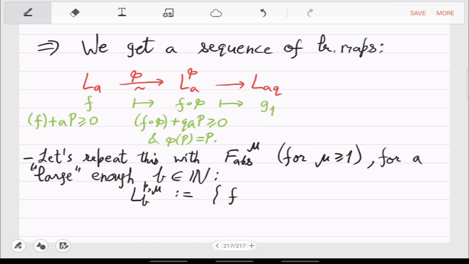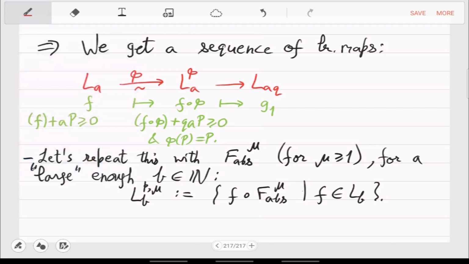So what will happen here is you will compose it with F absolute mu. Okay, so syntactically it's the same thing. We have just changed the map and we have changed the L sheaf. And we'll get a different sequence here.